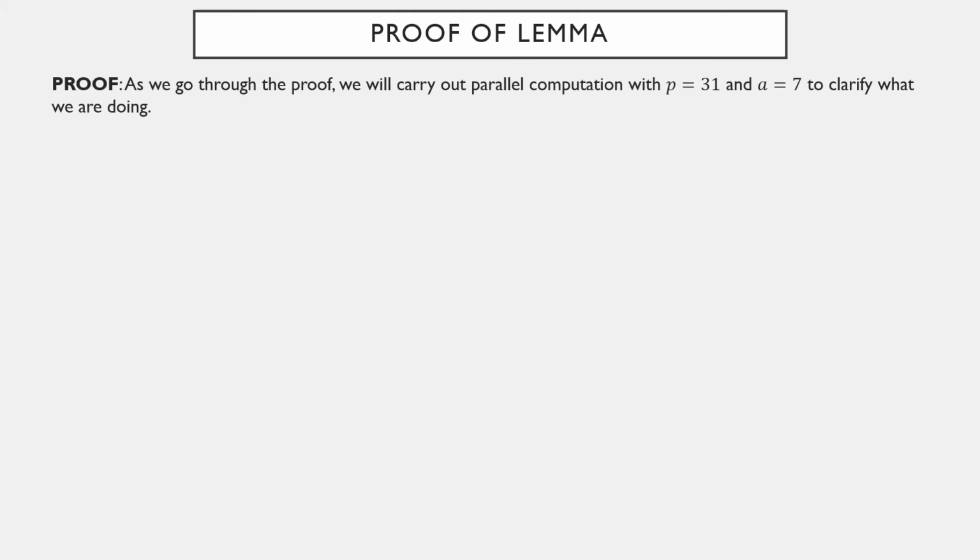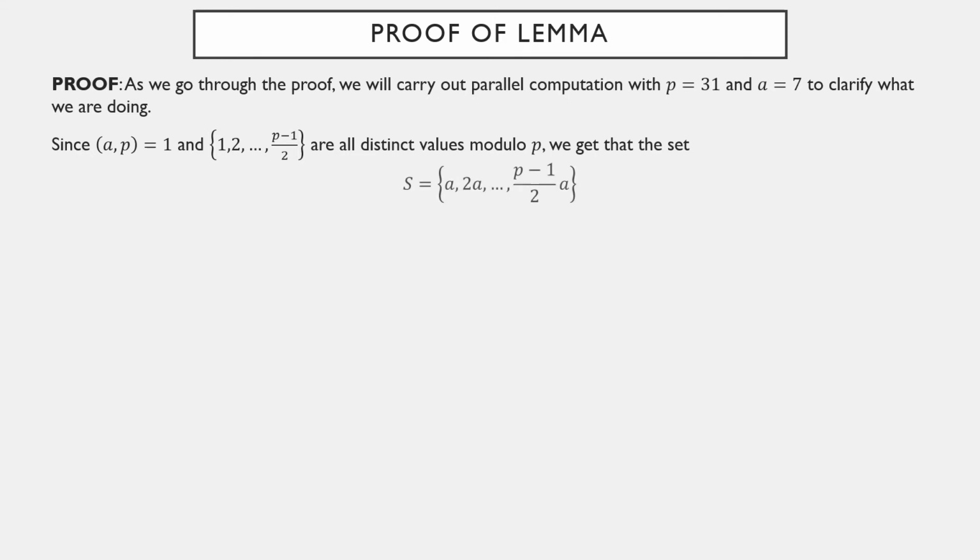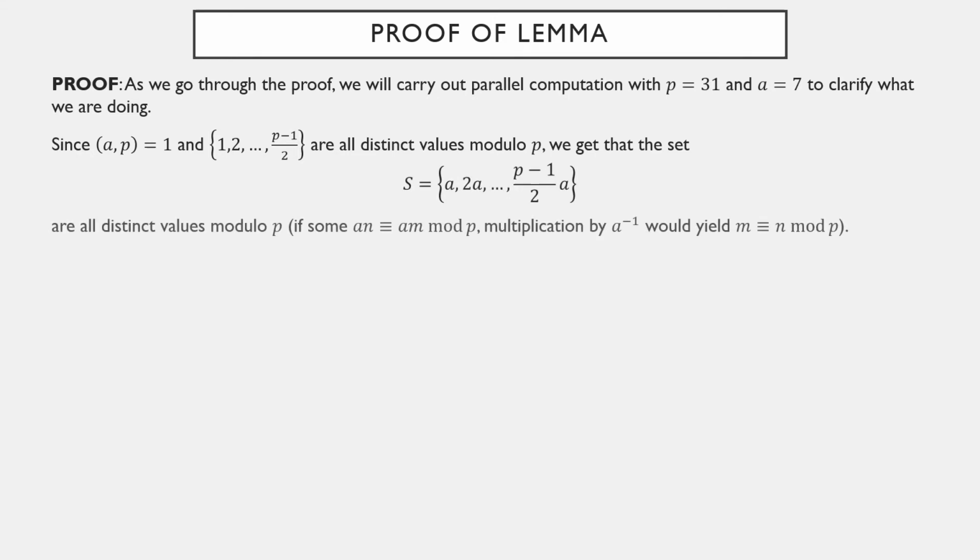Okay, so let's prove that result. As we go through the proof, to keep things straight, we're going to do a parallel computation with p equal to 31 and a equal to 7 to clarify what's happening. Having an explicit computation done side by side will hopefully make this clearer. Since a and p are relatively prime, and 1 through (p minus 1) over 2 are all distinct values mod p, then all of these multiples are distinct values mod p.